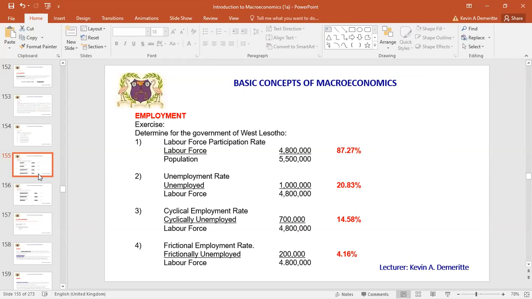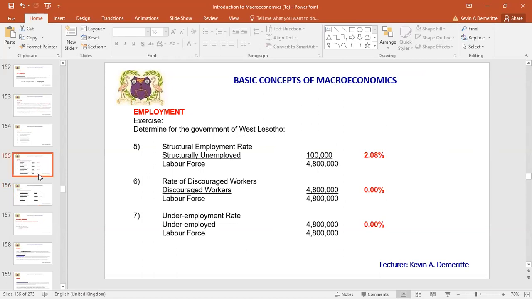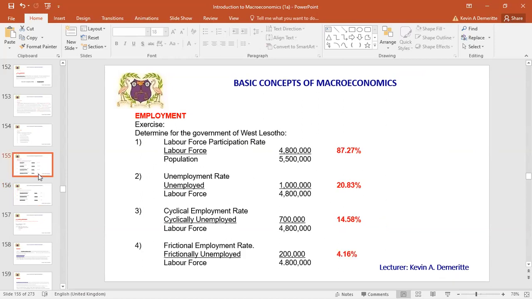We said there are 1 million people who are unemployed. You have some who are structurally unemployed, some who are frictionally unemployed, some who are cyclically unemployed. So when you add all of that together, it should come up to 20.83%. So again, somebody calculate 14.58% plus 4.16%.